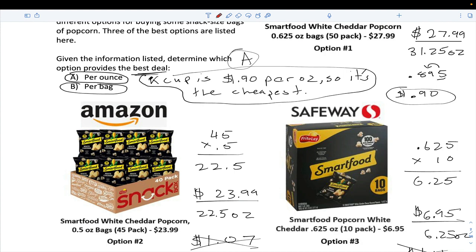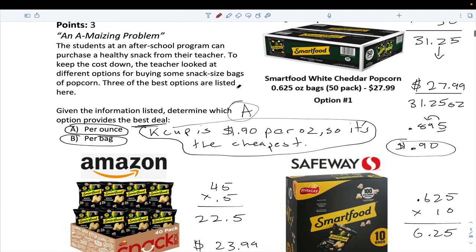This is actually easier because I just take the total amount of money and divide it by bags.